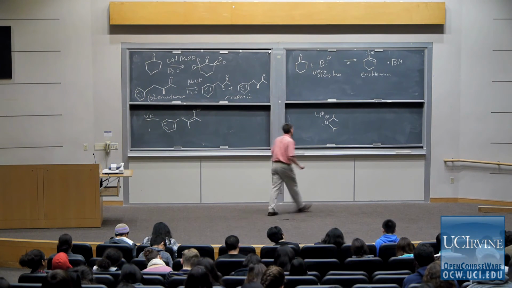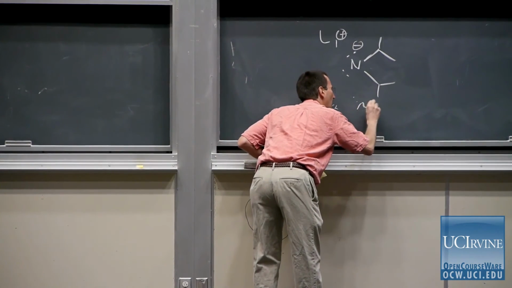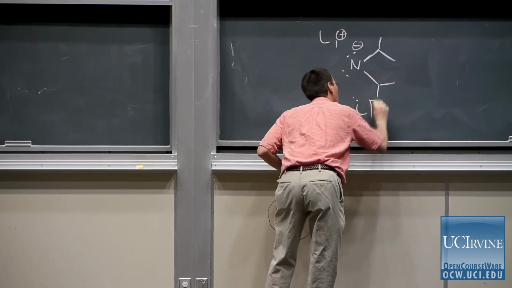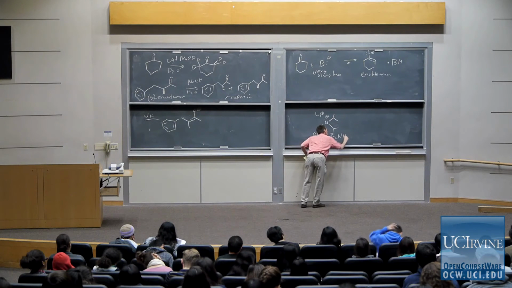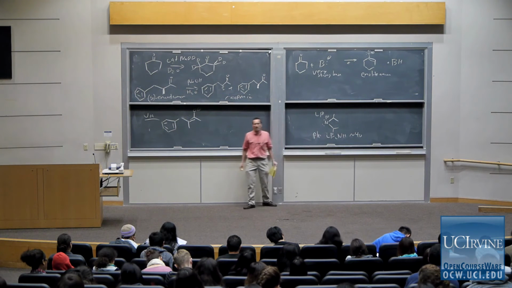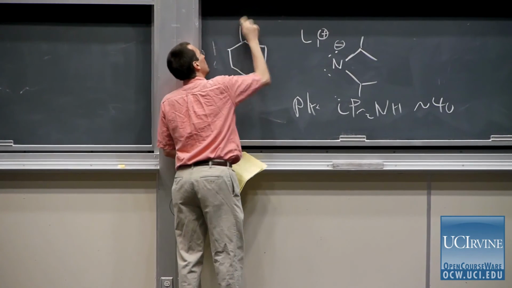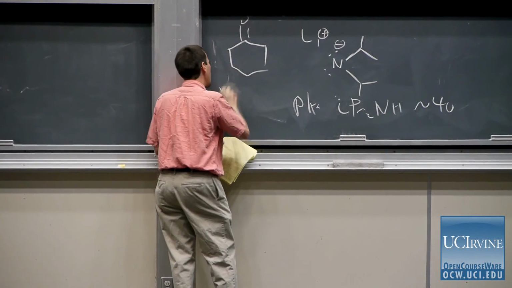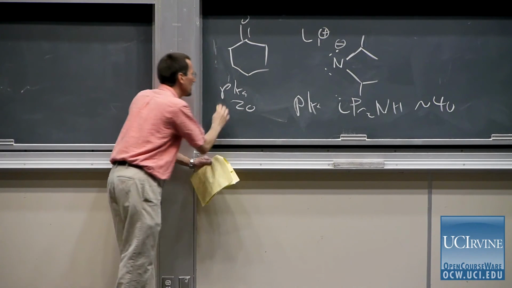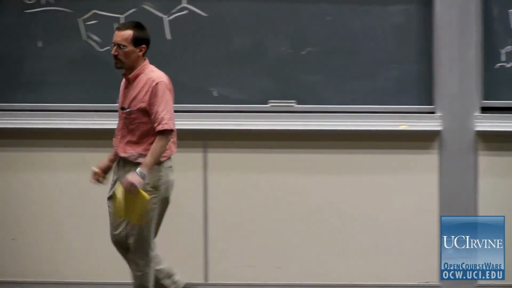The pKa of the conjugate acid, diisopropylamine, is about 40. So I'll write pKa of (iPr)2NH, a nice shorthand, approximately 40. Remember, I said if you want to keep one number in your head, keep 20. That's the pKa of a ketone, actually the pKa of cyclohexanone to within a unit. But again, just keep that number in your mind.